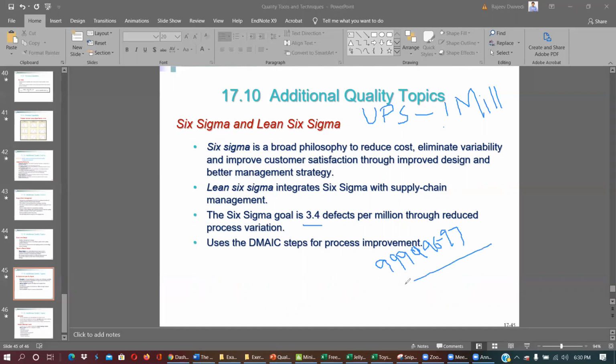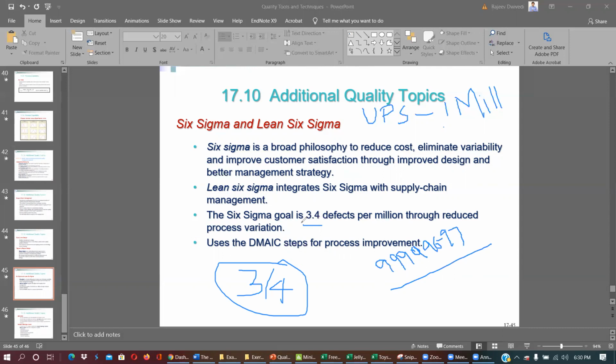Out of 1 million packages they can miss or delay only 3 or 4 parcels, which they will not be able to deliver on time, or will deliver to a different or wrong address. So this is the Six Sigma philosophy.